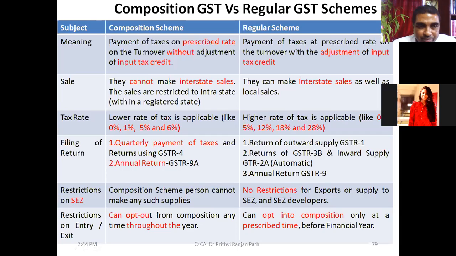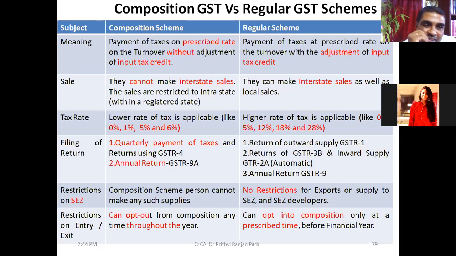Now coming to the sales part, a composition dealer cannot make interstate sales. He has to restrict his supply only to intrastate. Under the regular scheme, they can do interstate supplies. Interstate as well as local supplies, both can be done.